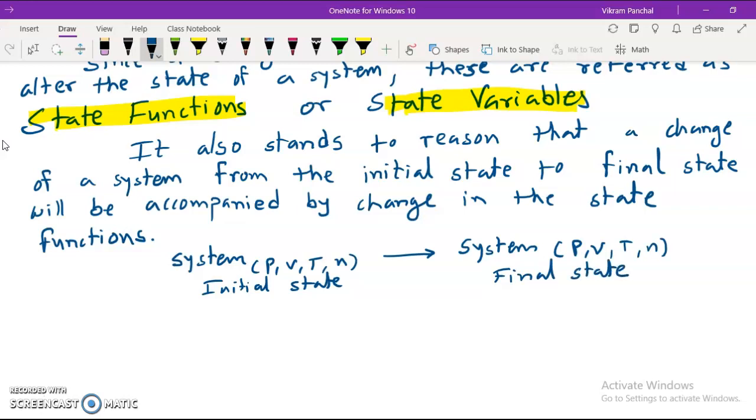Okay, it is not necessary to state all properties to define the system completely.